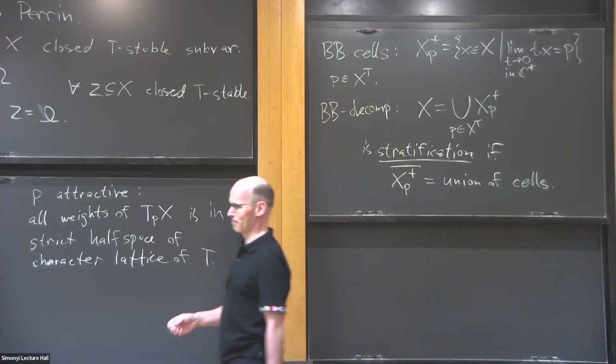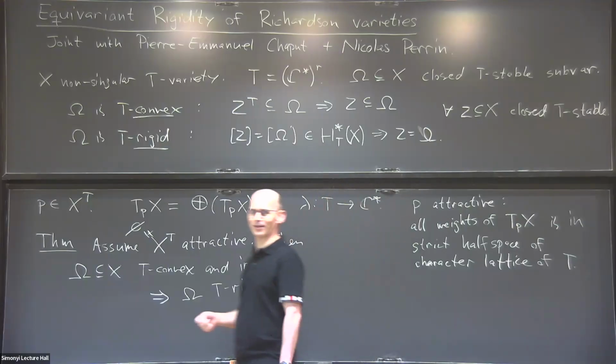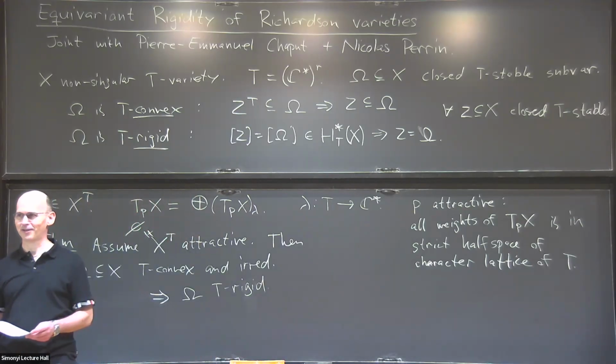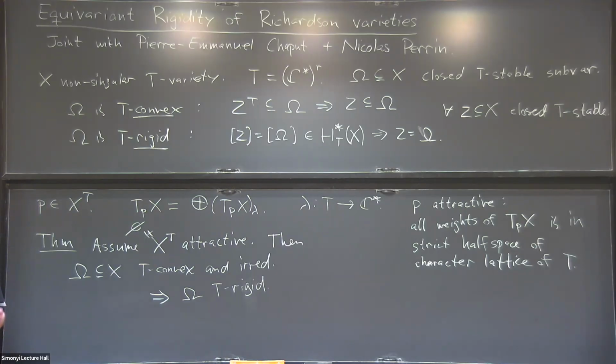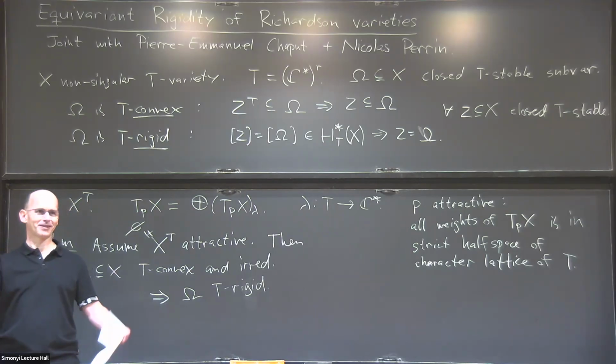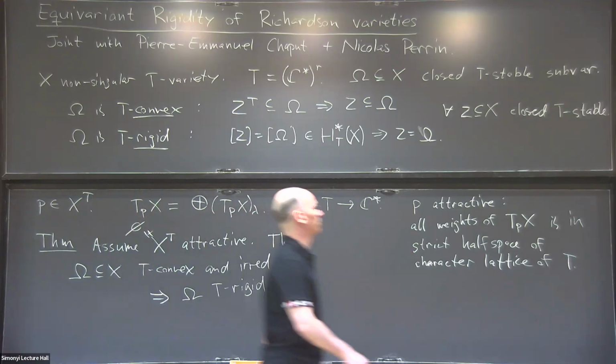That happens kind of rarely. Bialynicki-Birula has a whole paper about cases where it's a stratification. The first counterexample is you take the right torus action on P2 and then you blow up a point. You don't have a stratification.